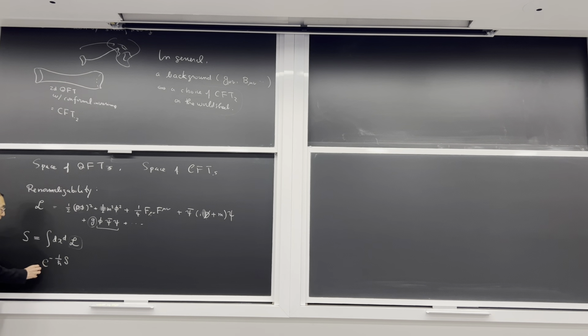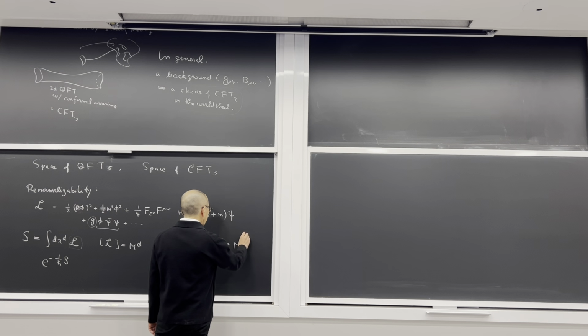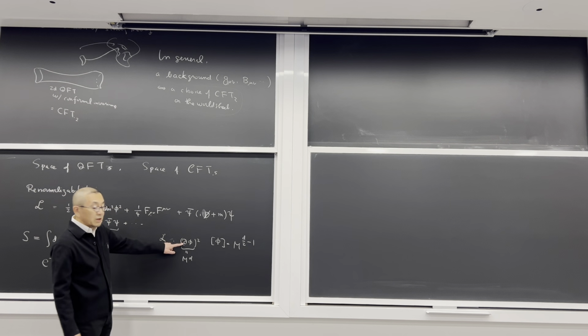Okay? So then suppose the Lagrangian contains things like the kinetic term for the scalar field. Well, this must have mass dimension d. So from that we infer that the mass dimension of the scalar field is m to the power of half of d minus 1, because each derivative gives you mass dimension 1, because it's the inverse of the length.